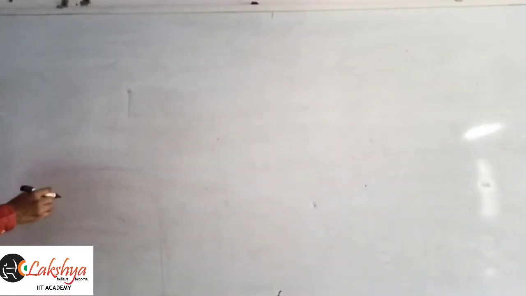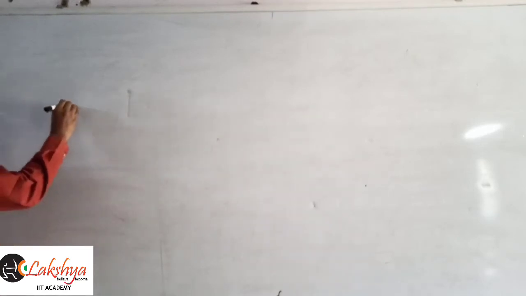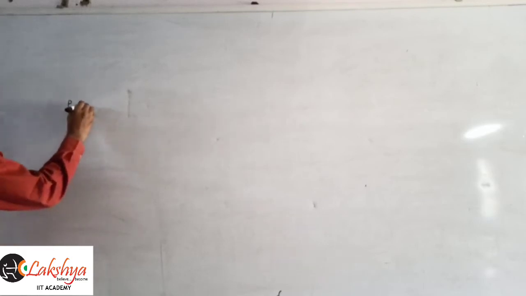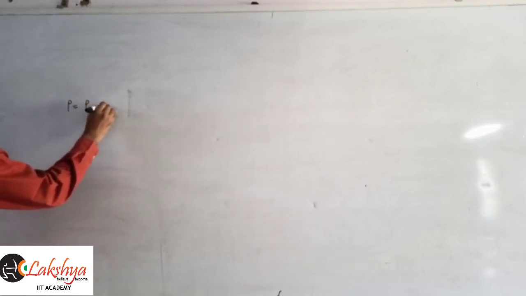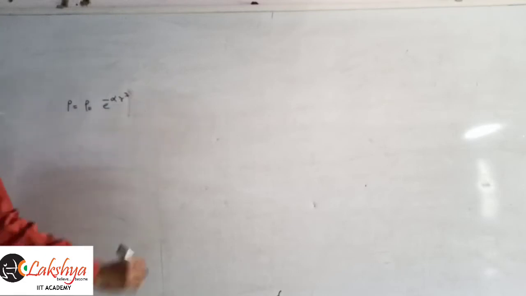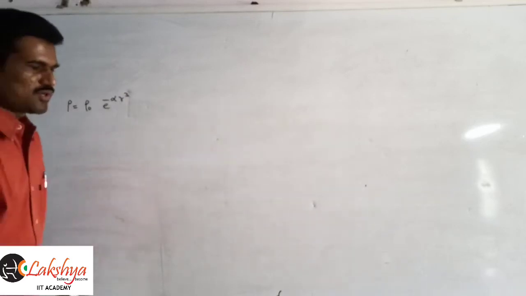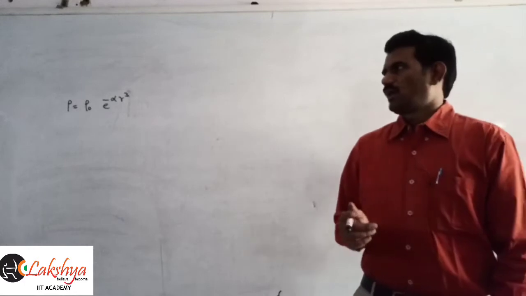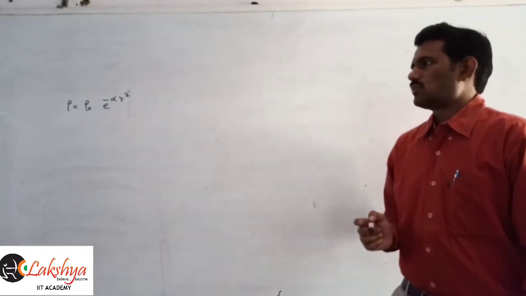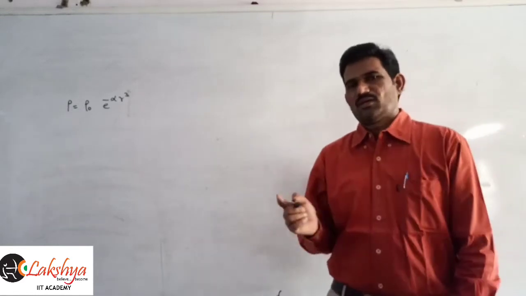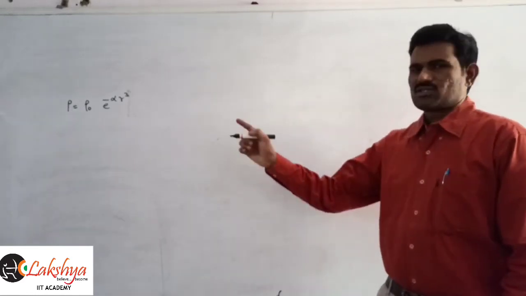The volume charge density in space varies according to the equation rho is equal to rho naught into e power minus alpha r cube, where rho naught is constant and alpha is constant.